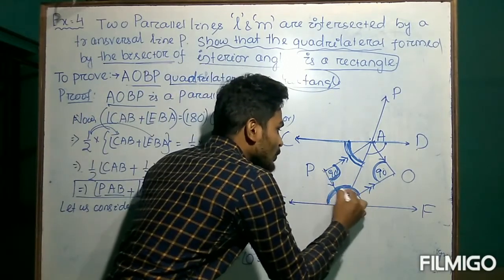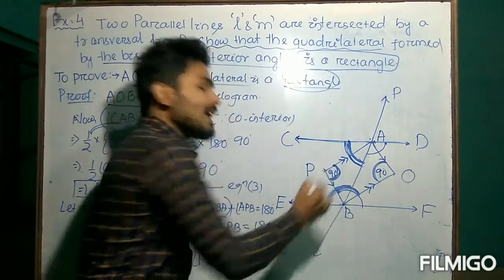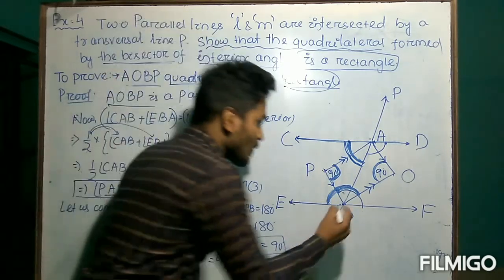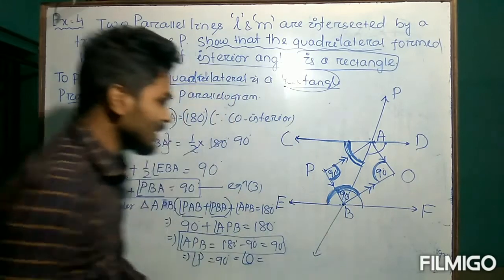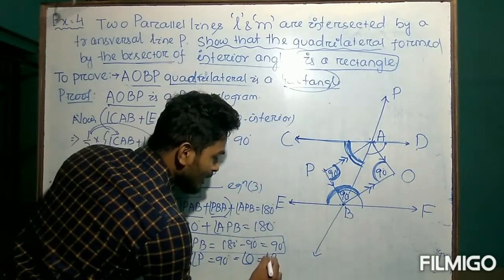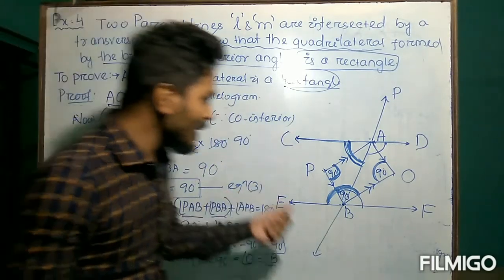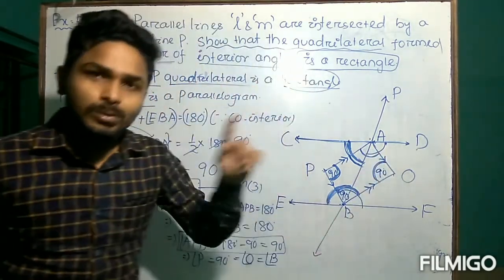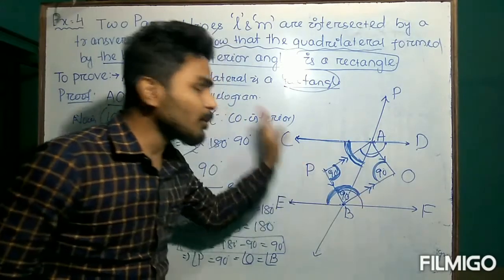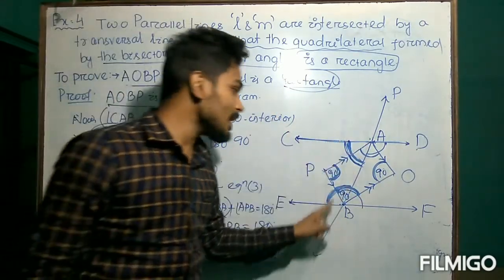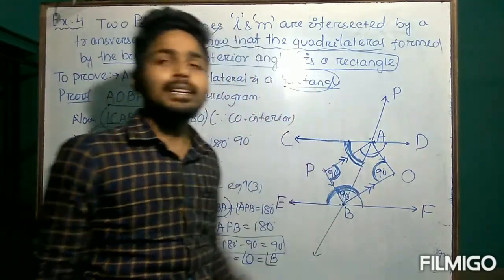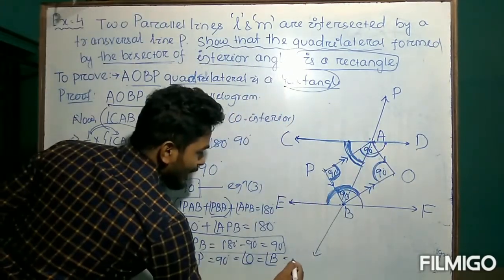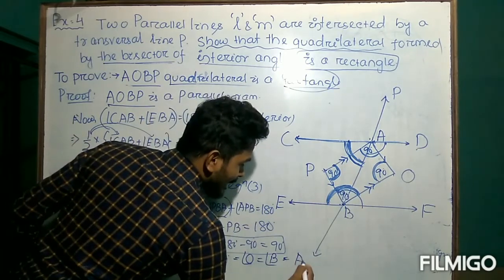This angle and this angle are two consecutive angles. If this is 90, then this angle must be 90. Yes or no? Yes. So this is also 90, and we can write it is equal to angle B. Understood? Similarly, angle B and angle A are also opposite in a parallelogram, and we know the pair of opposite angles are equal. If it is 90, then definitely this angle is 90, so we can write it is equal to angle A.